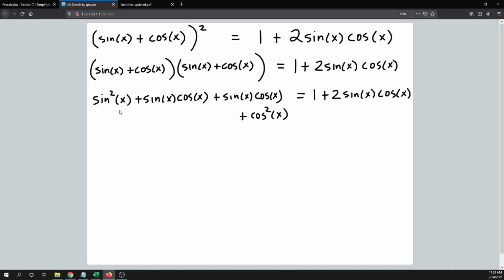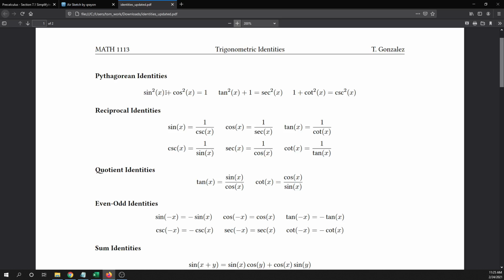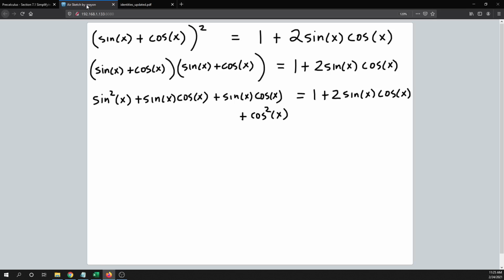Okay, so now looking over at the left-hand side about things that I can do, I can see here that I have a sine squared and a cosine squared, so that's always going to make me think of the fundamental identity, right? Sine squared plus cosine squared equals 1. All right, so what I'm going to do is I'm going to write the sine squared and the cosine squared next to each other. And the reason I can do that, right, is because of the commutative property of addition, right?